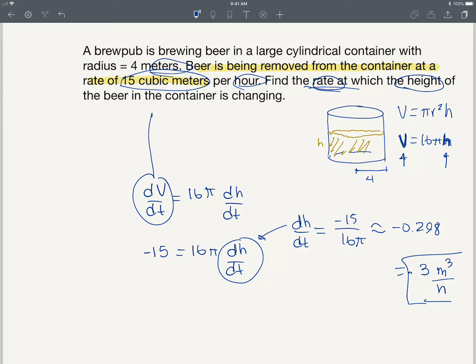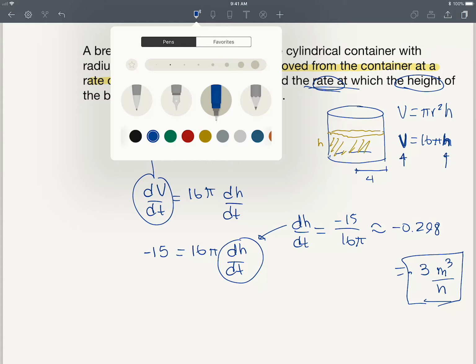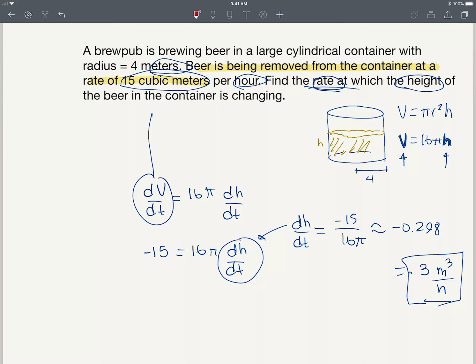So it's a very simple problem once you figure out what to do, like most of the problems in math. But the big picture in these questions is two things. You're going to get an equation that relates two or more quantities that are involved in the problem.